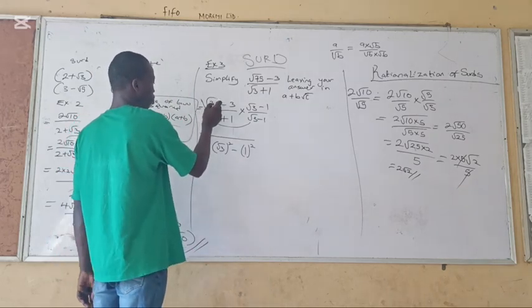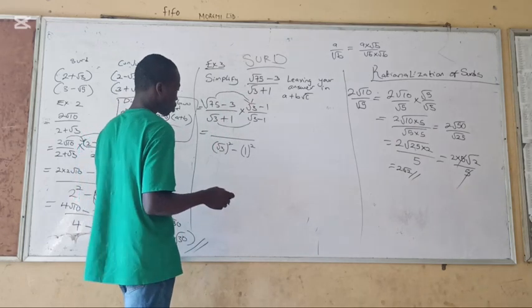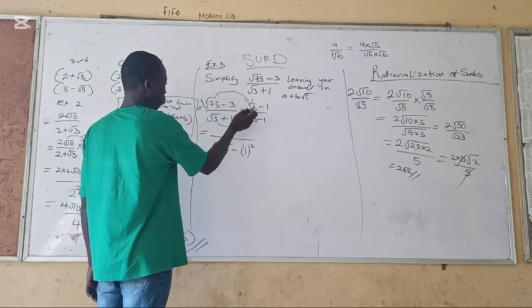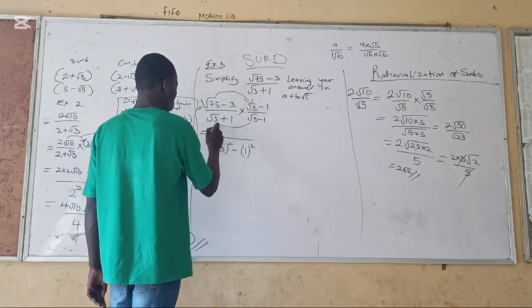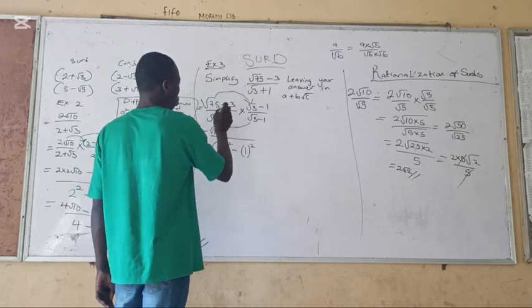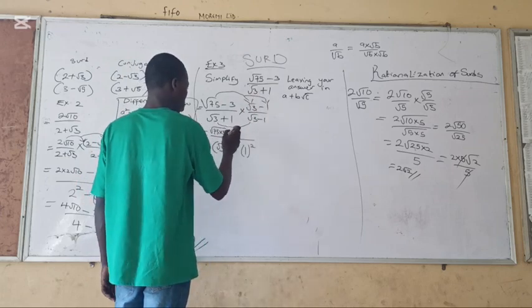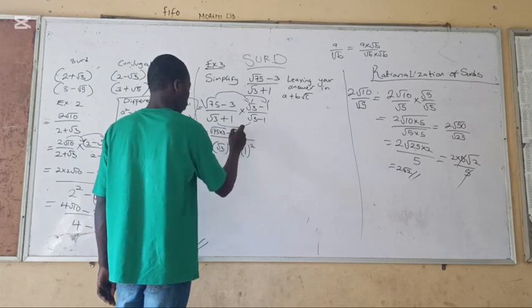First thing, you have root 75. You just say root 75 multiplied by root 3, it's going to give us root 75 times 3. Also root 75 multiplied by minus 1 is going to give us minus root 75.